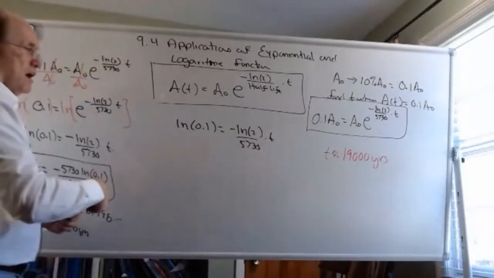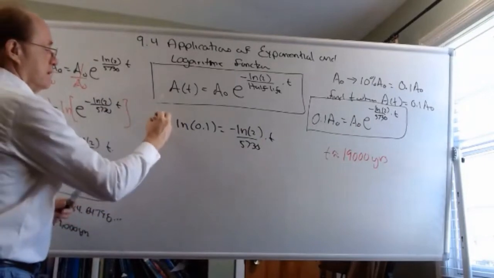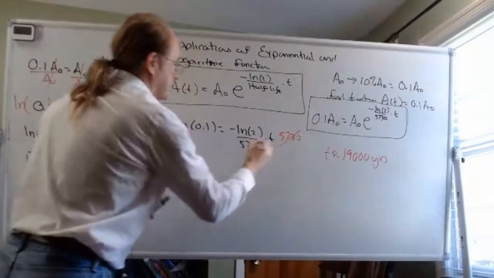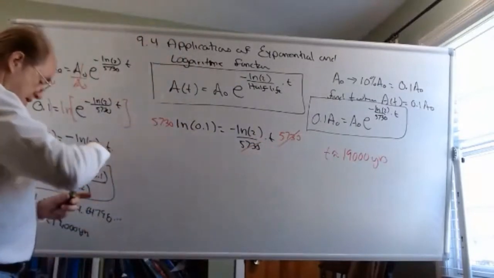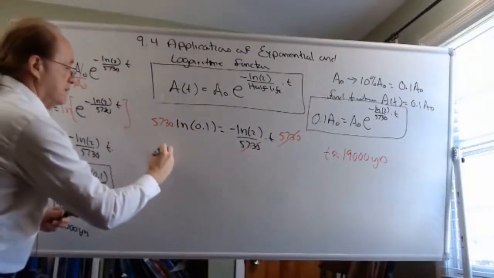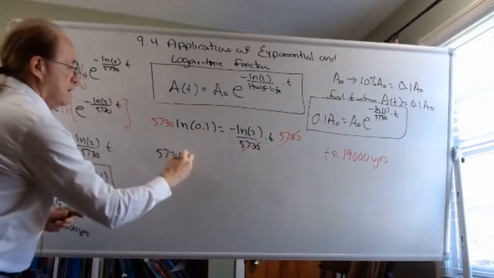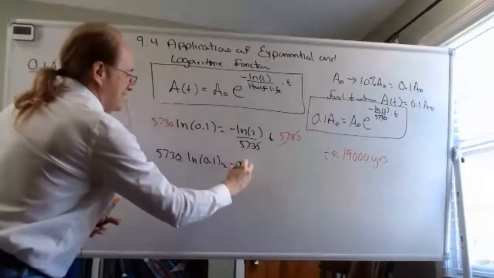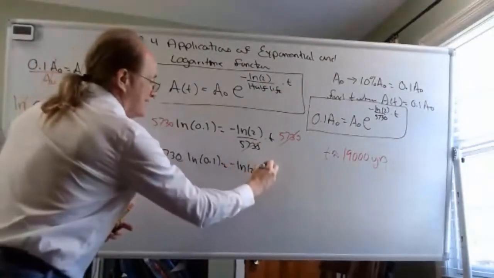Well, I could multiply both sides by 5730. Cancel, cancel. So I get 5,730 times the natural log of 0.1 is minus the natural log of 2 times t.